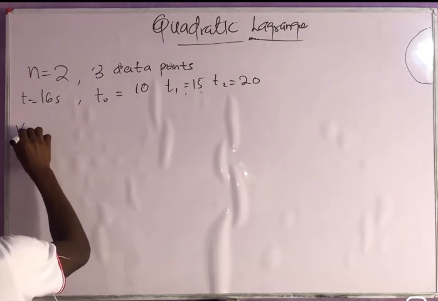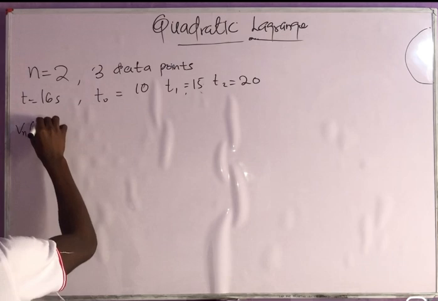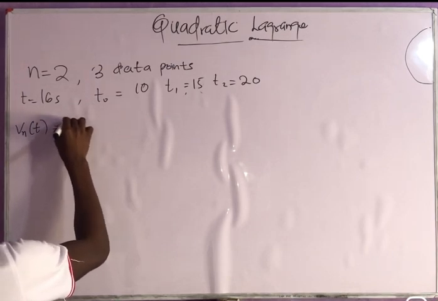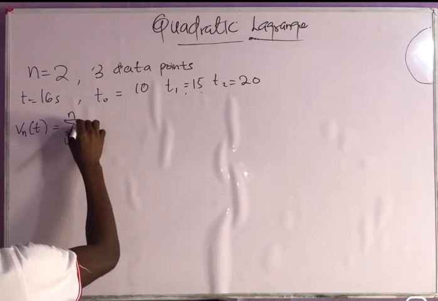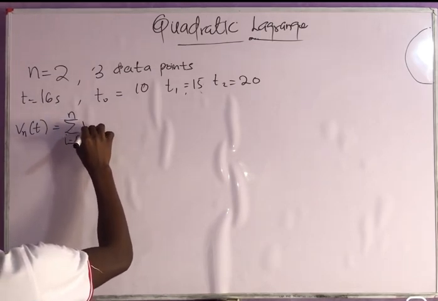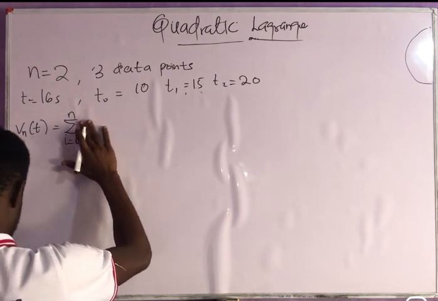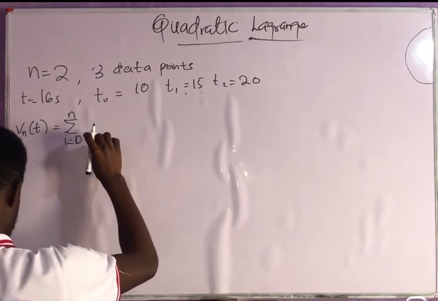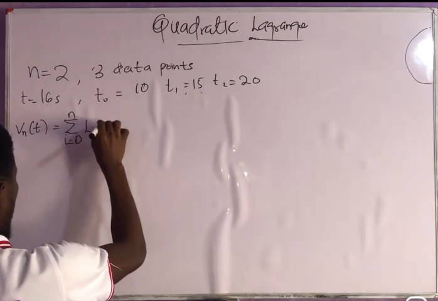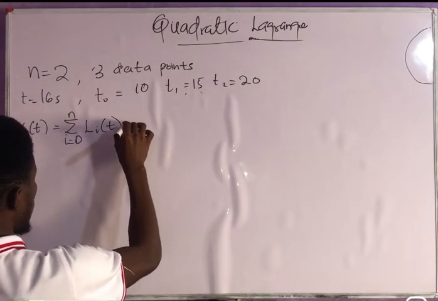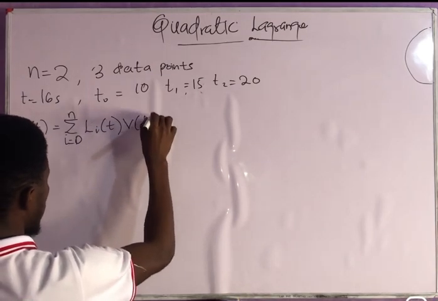Now, let's code the formula. The formula, f subscript n of t, is equal to the summation of L_i(t) times v(t_i).